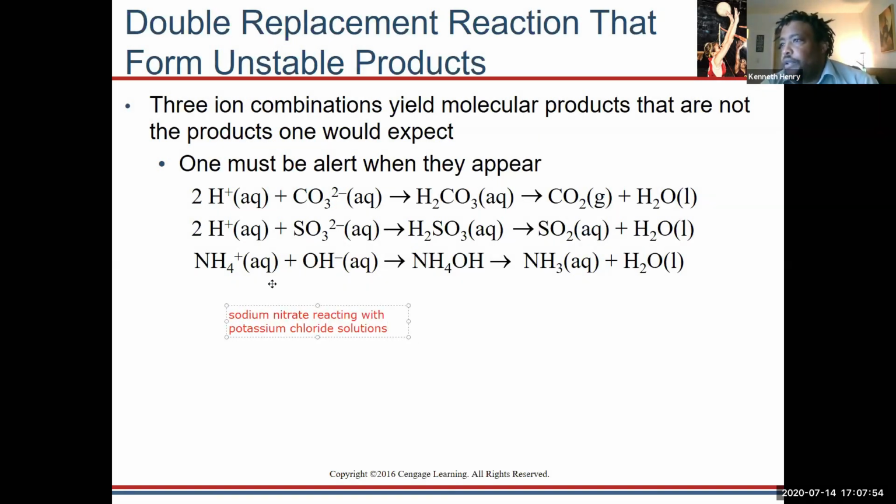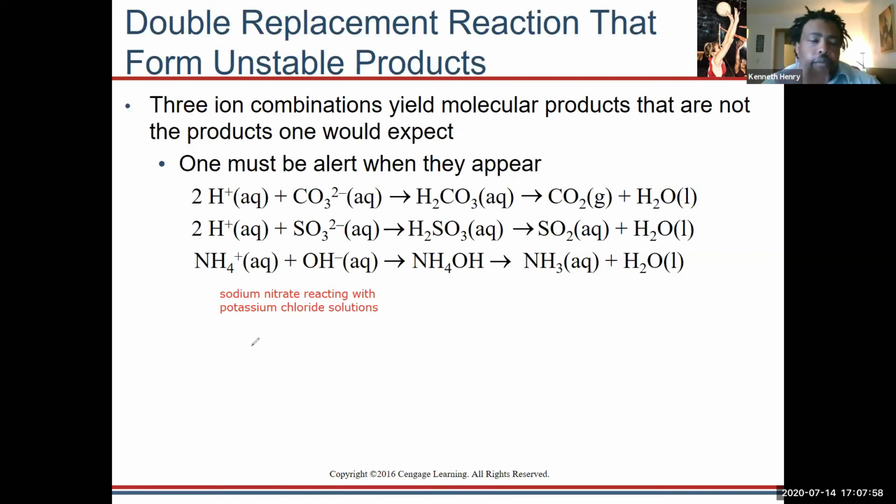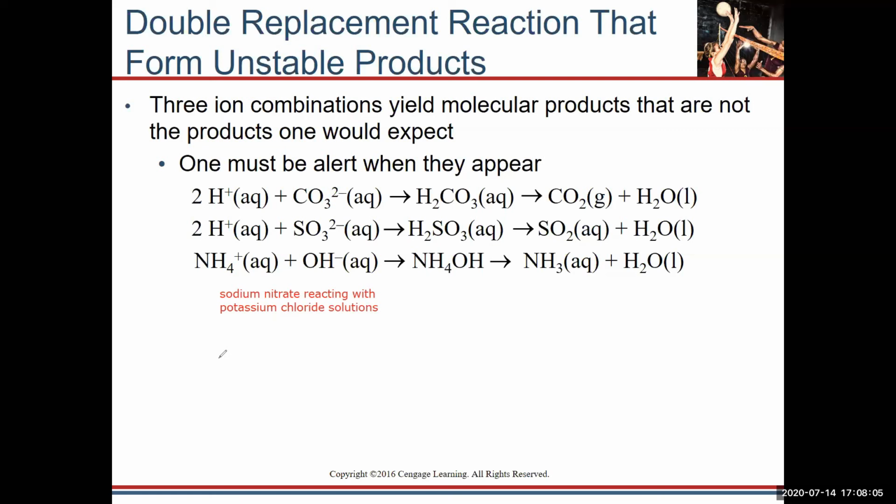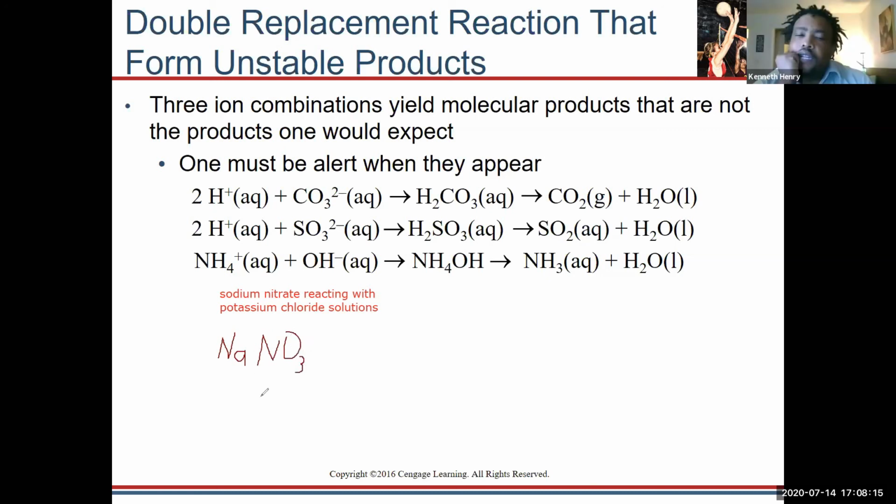Okay, in this case, what is the chemical formula for sodium nitrate? NaNO3. Solid, liquid, gas, or aqueous?